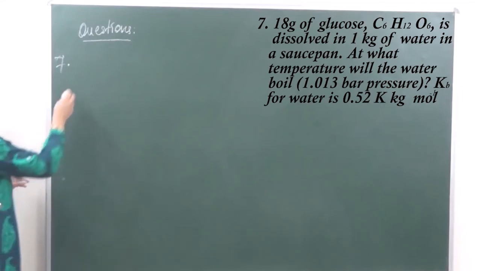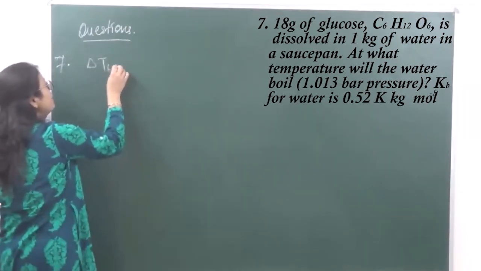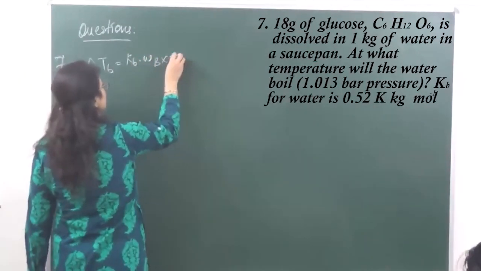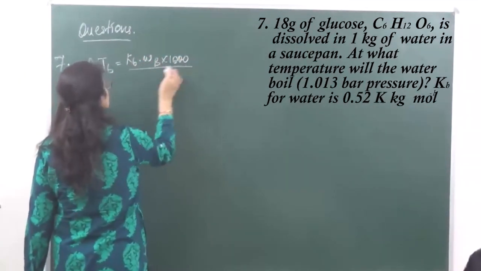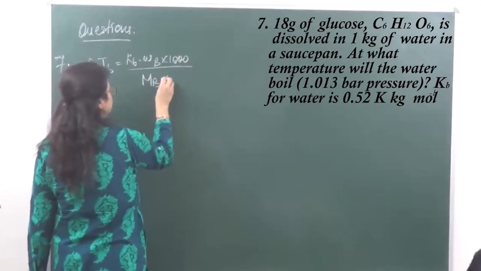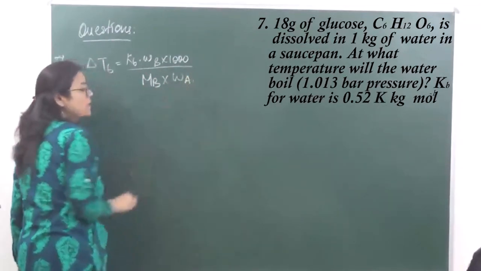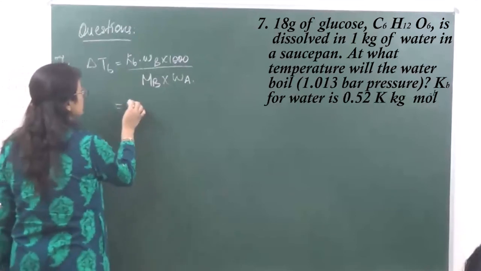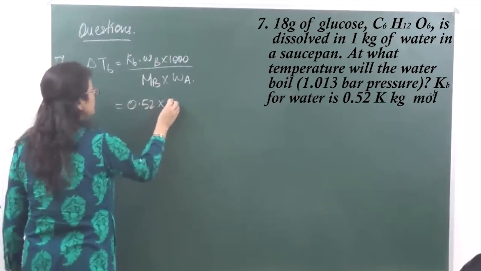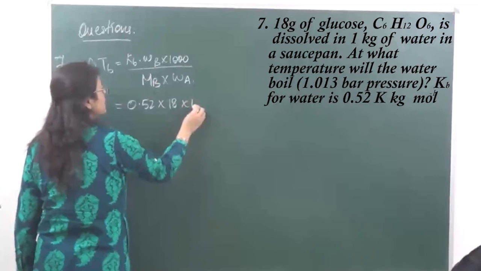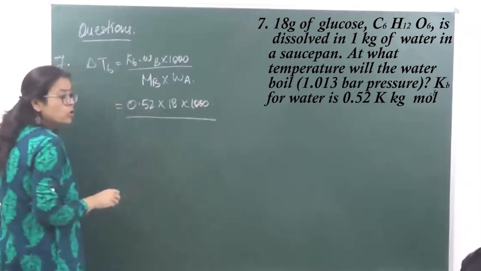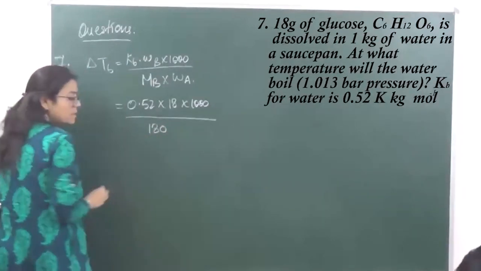Okay, let's apply the formula. We have delta TB that is equal to kb into Wb into 1000 upon Mb into Wa. This is our formula, right? Kb given to us in the question is 0.52. Wb is given as 18 into 1000 and Mb for glucose is 180.